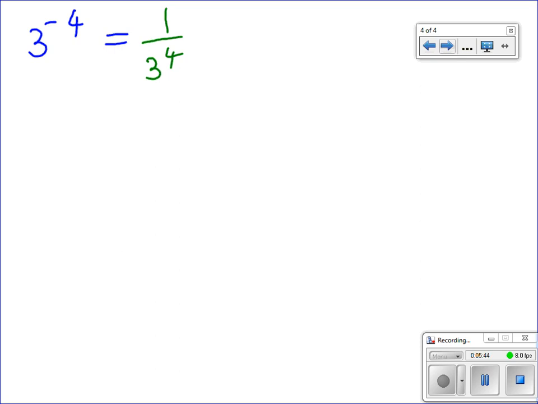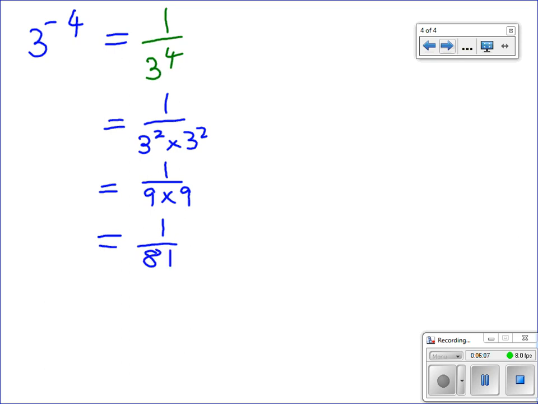Now, I'm expecting most people to go, okay, 1 over 3 squared times 3 squared. I did 3 squared because I can't actually remember what 3 to the power of 4 is, but I know that 3 squared is 9, so 1 over 9 times 9 gives me 1 over 81.